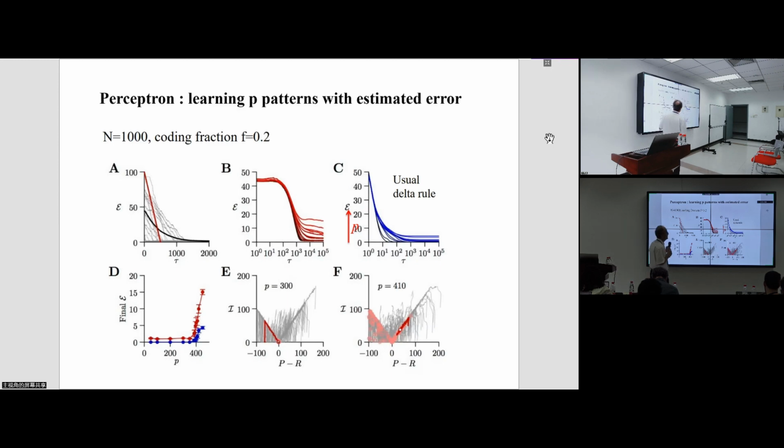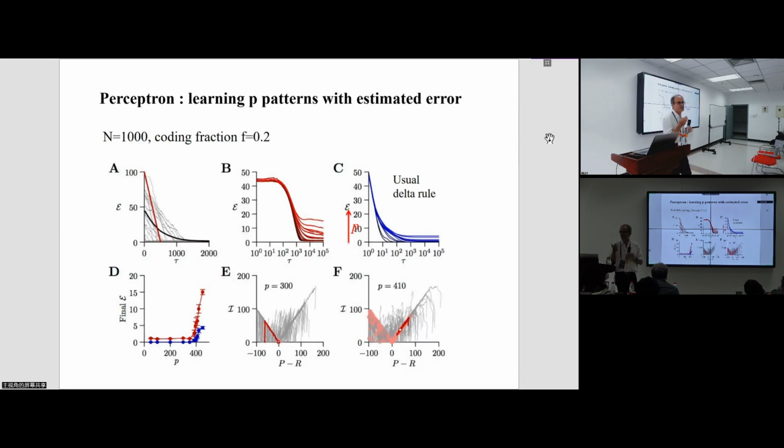But if you look, what you have here would be the usual delta rule, and if you do real gradient descent, you have 100 steps, and here you have 10 times more. So in some sense all this is converging, but it is slow.